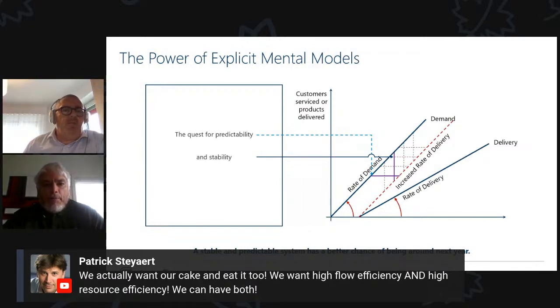But on a much higher scale than any other Kanban that you could find. But in the beginning, when we teach all of this resource efficiency and flow efficiency, this is the beginning. But absolutely, Patrick is 100% right.